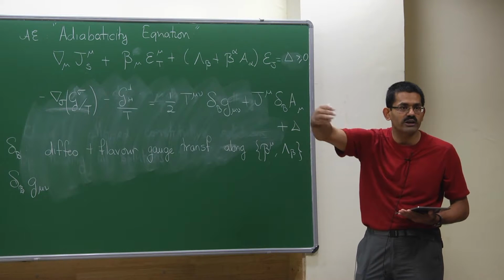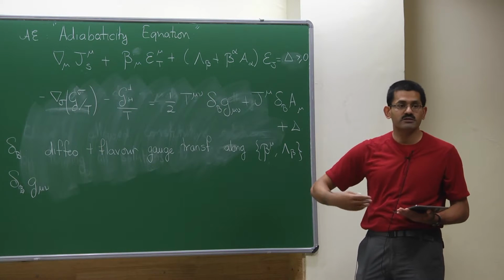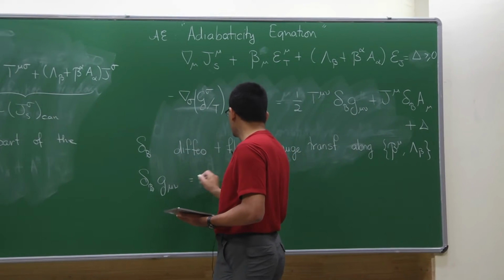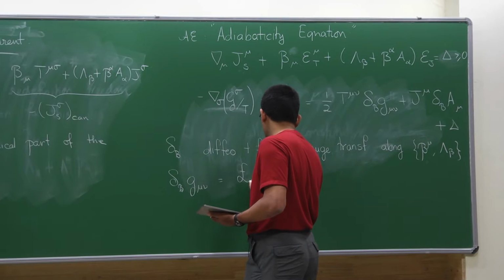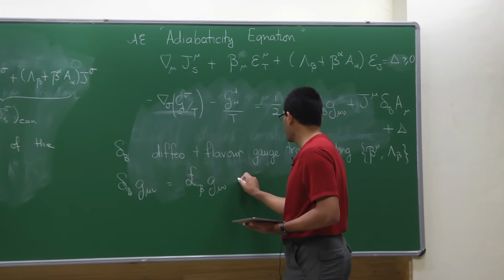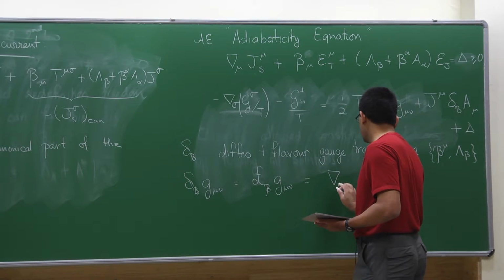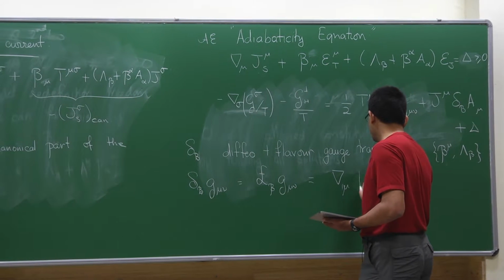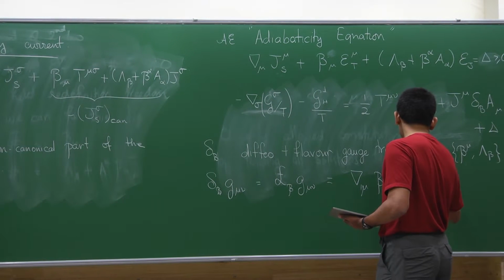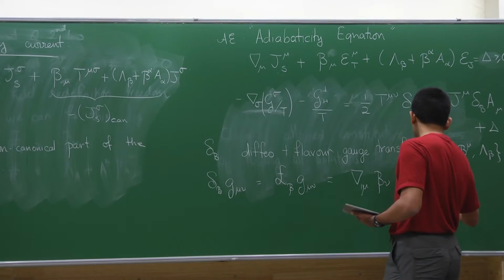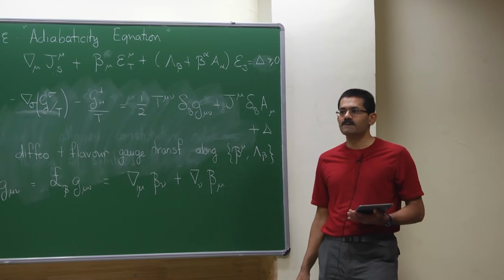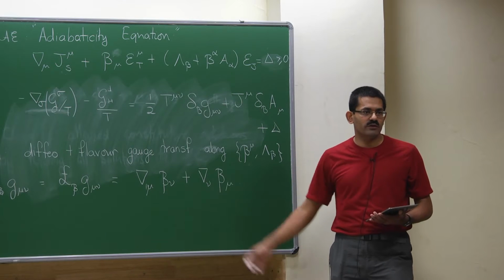I can change coordinates by changing physical coordinates to be transformed along that vector field, and the diffeomorphism that I do acts as a Lie drag along this vector field, which of course you can always write as a covariant derivative of this vector with respect to the background metric.